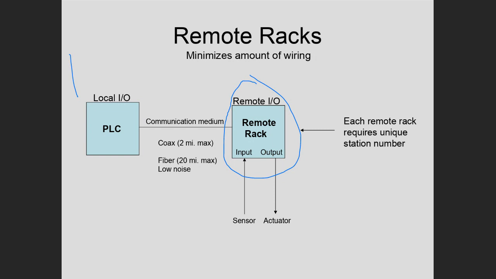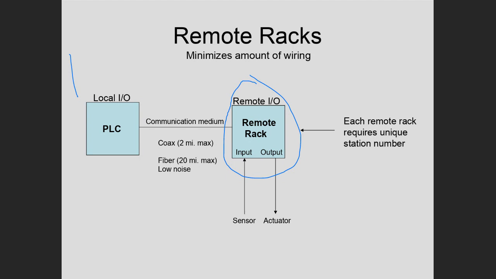Anytime you have to bend to go around something, so you have to make a sharp 90-degree turn, you can do that really, really easy with coax. You cannot do that with fiber. If you try to put a 90-degree bend or turn in a piece of fiber, then it'll break. So fiber is much harder to work with compared to coaxial cable.